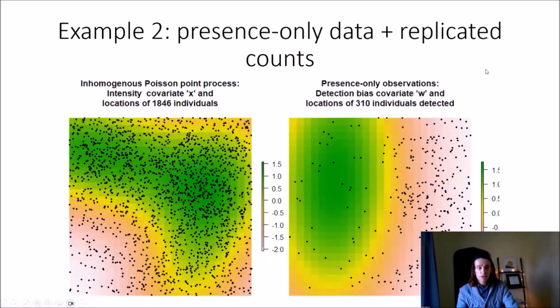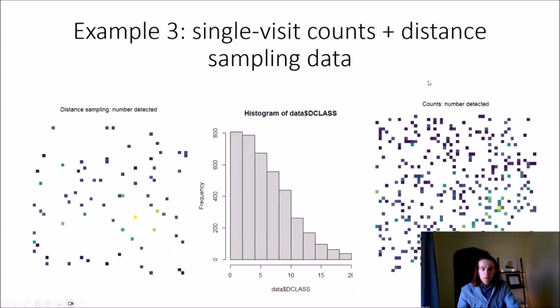The second example is an iSDM that combines presence only data with replicated counts. The third example, which I don't think we'll have time to go through, but the script is there in the GitHub repository, is a model that combines single visit counts with distance sampling data.